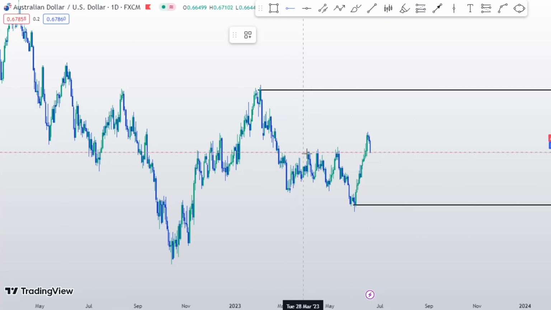Currently, if we look here, we have a level that has how many touches? The market was going down here, and then it came up: 1, 2, this is the first one, 1, 2 and 3. So now I have a level that is strong.